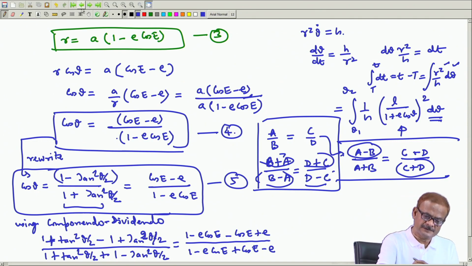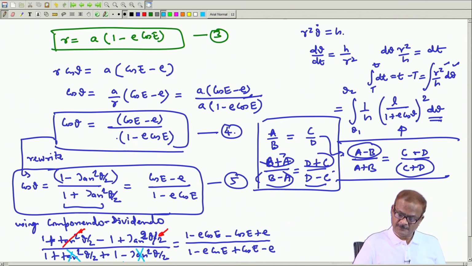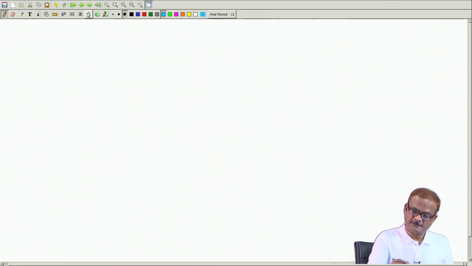So, here on the left hand side, what we see is that these two cancel out, and these two add up. This and this term add up, and here these two terms cancel out. Okay, we write it on the next page.